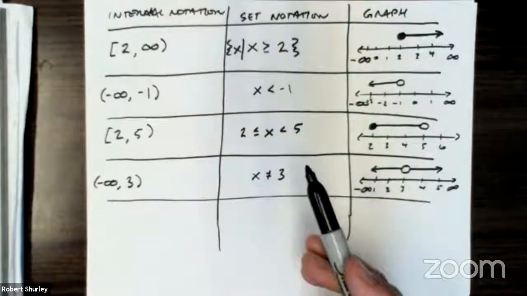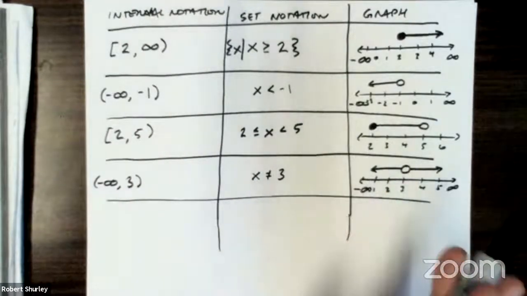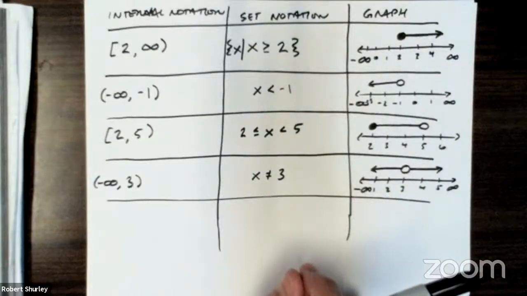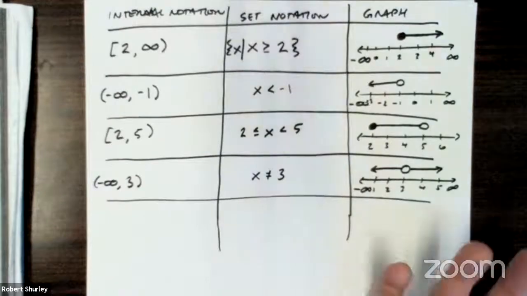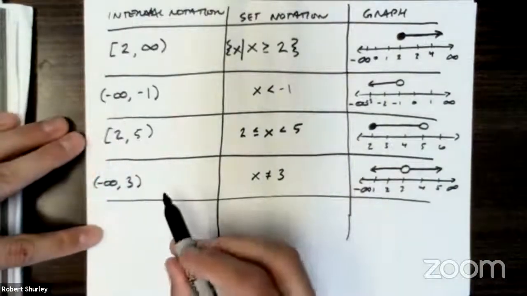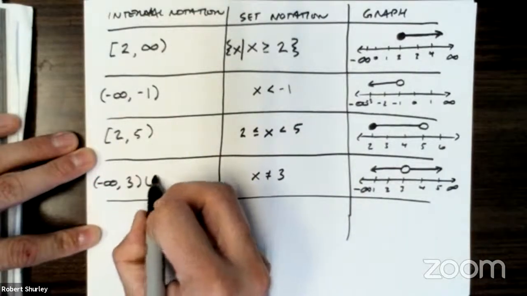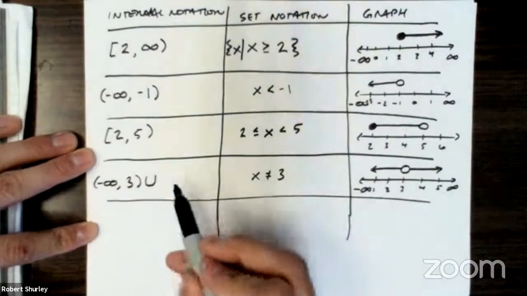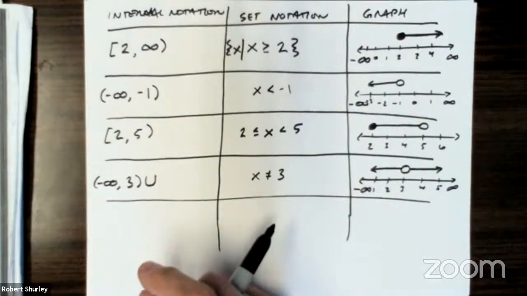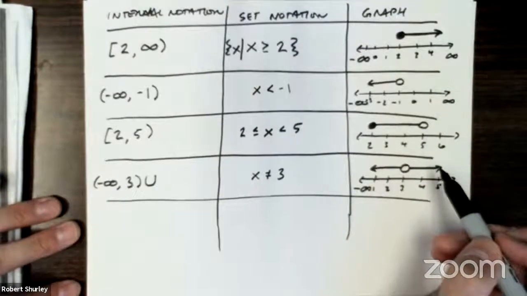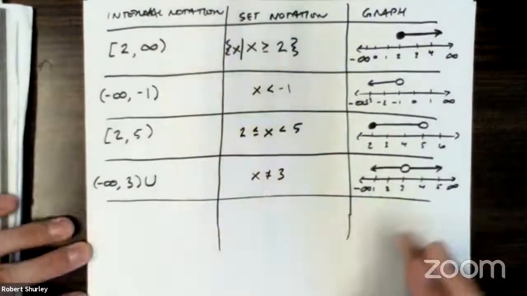Now, if our x can be in more than one interval, we use a math notation of a union. And a union means or. Now, how you write a union is a U without the stem. Okay? That means union. And then we're going to do the next closest interval, I should say.